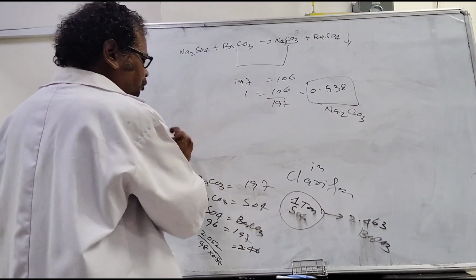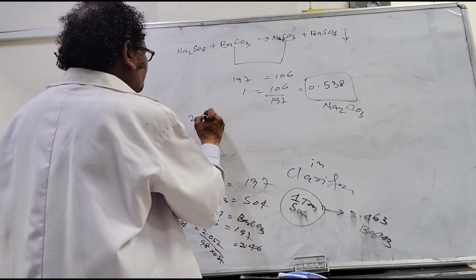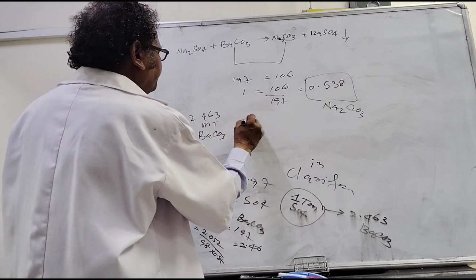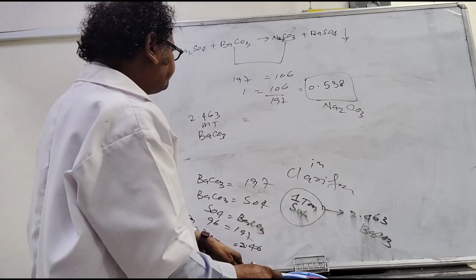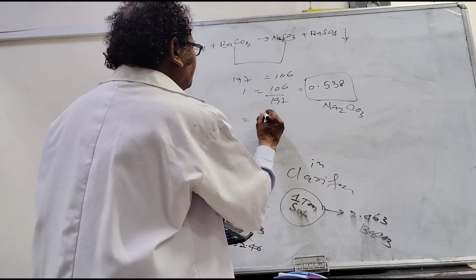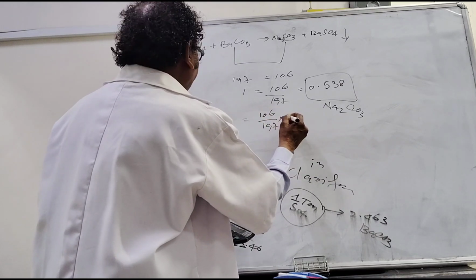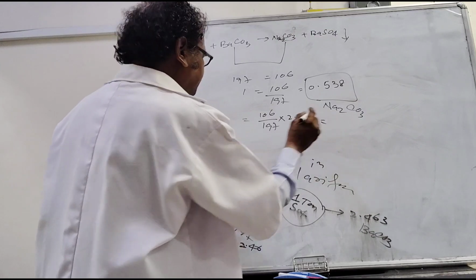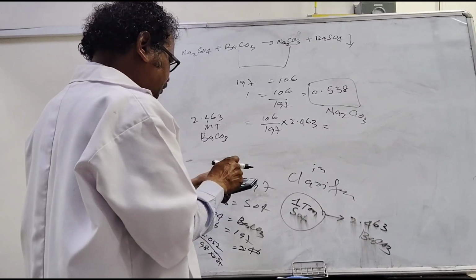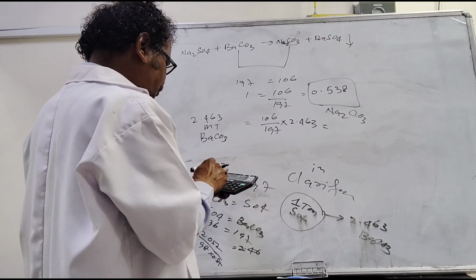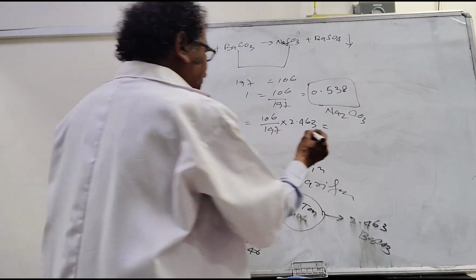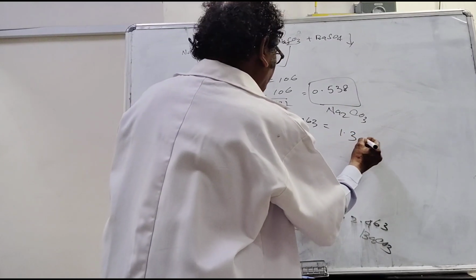And suppose here we charged 2.463 metric tons of barium carbonate, it will give 106 divided by 197 into 2.463, means 1.325.